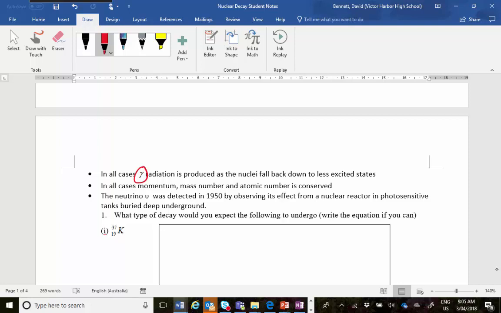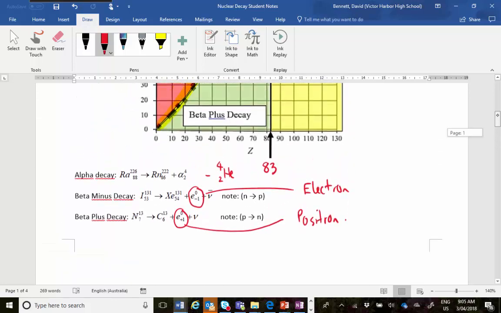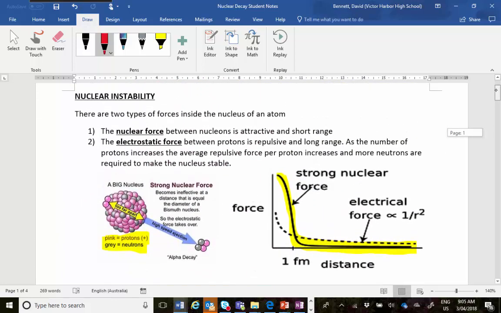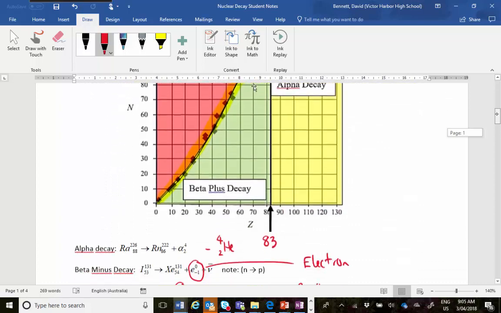The neutrino doesn't have a rest mass and doesn't have a charge, so it was really hard to detect. The reason they knew it existed is because there wasn't quite conservation of momentum and energy, so they knew there must be another particle. So that's in a nutshell how nuclear instability occurs, and this is why things decay.